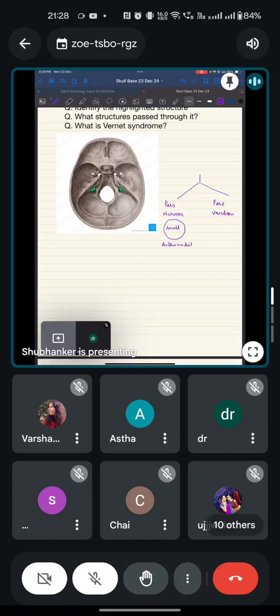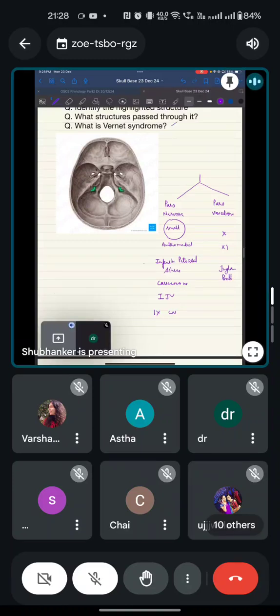What all passes through it? This is basically your inferior petrosal sinus, cavernous sinus, IJV, and the 9th cranial nerve, right? And over here, what will pass? The 10th and 11th cranial nerves, and then the jugular bulb will be there.